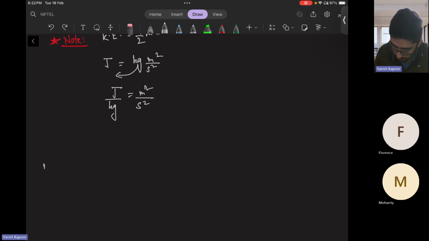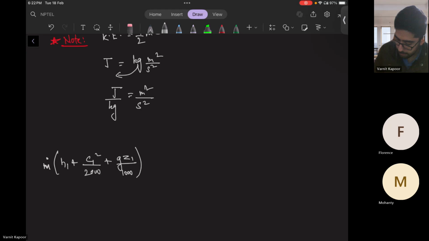So I'll multiply the mass flow rate with the inlet terms: h1 plus C1 squared by 2000 plus g z1 by 1000, plus the heat interaction, the Q dot. m dot into q is Q dot.